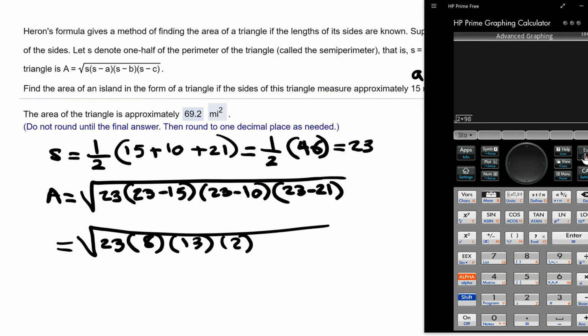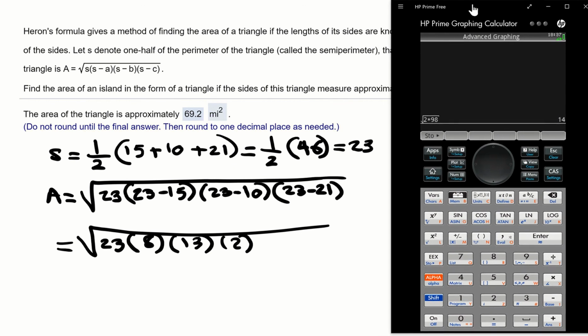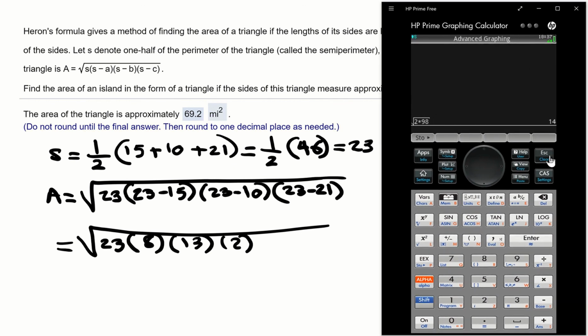which will let me bring that into view a little bit better. So let me go ahead and clear that. So we get the square root of, so shift squared. Now we're going to type in 23 times 8 times 13 times 2.